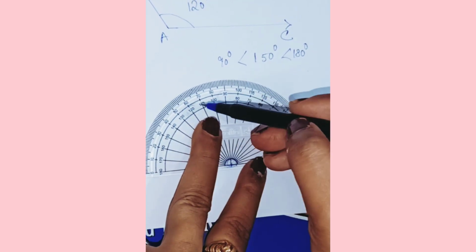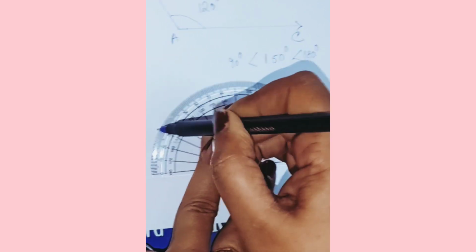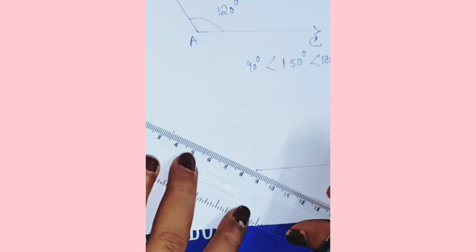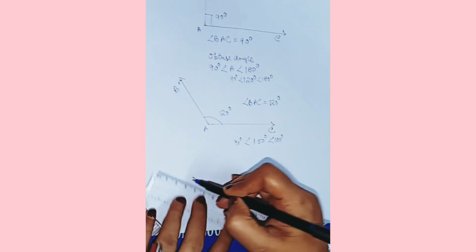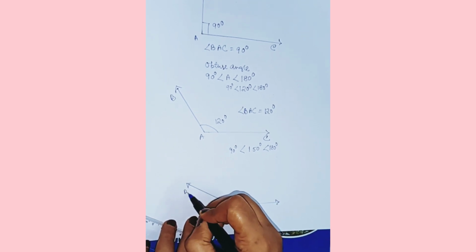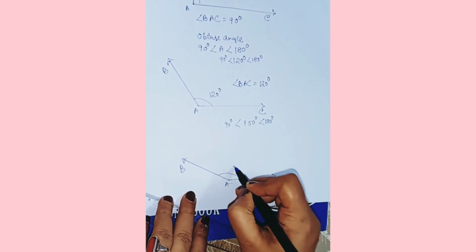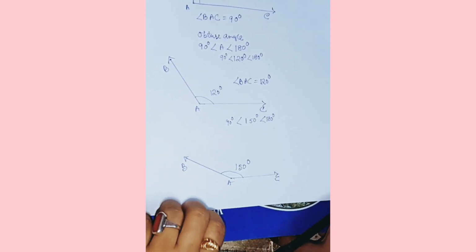In the inner scale, where is 150? Here is 150. Mark a point. After that you can join it by the scale or protractor. Then you place the arrow, mark BAC, and that is 150 degree. That is called an obtuse angle.